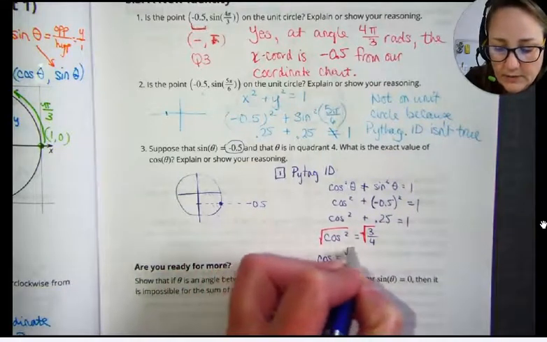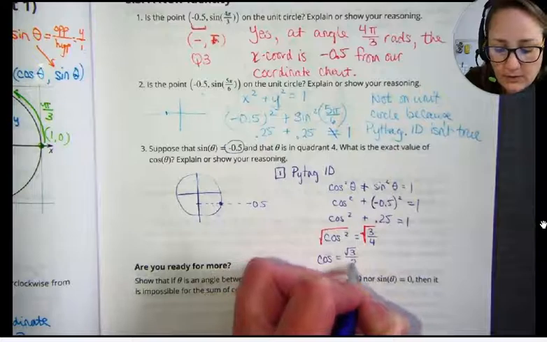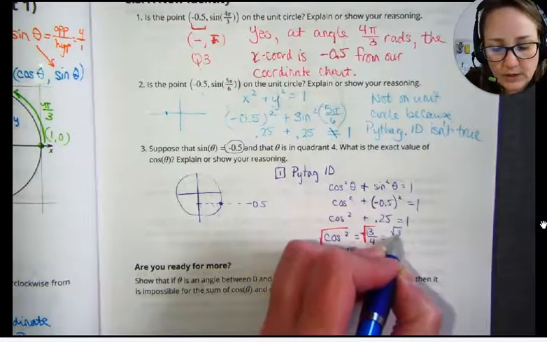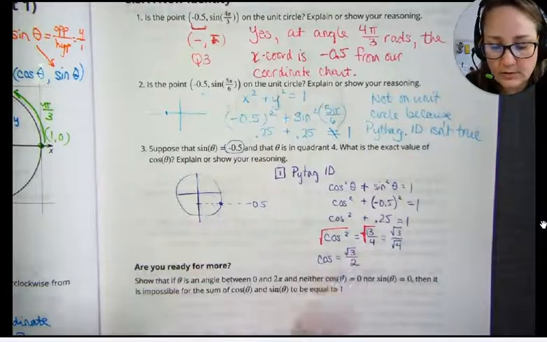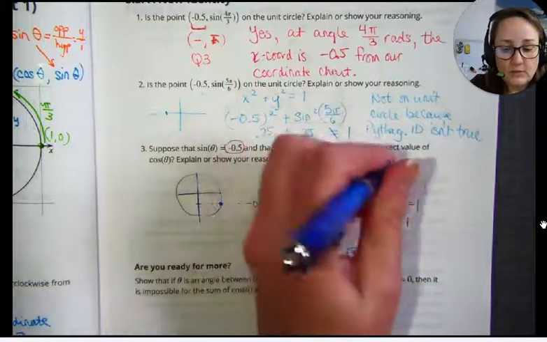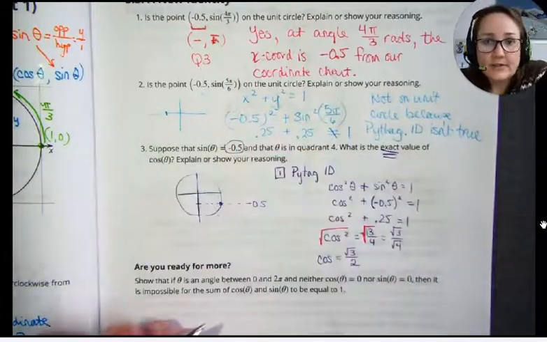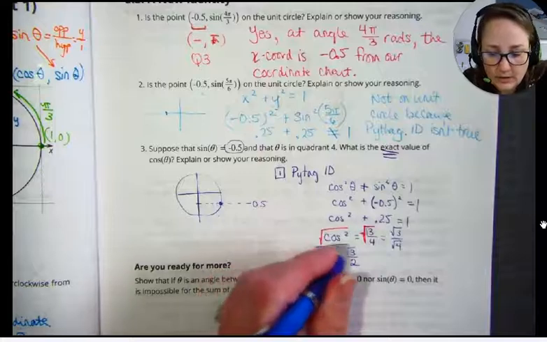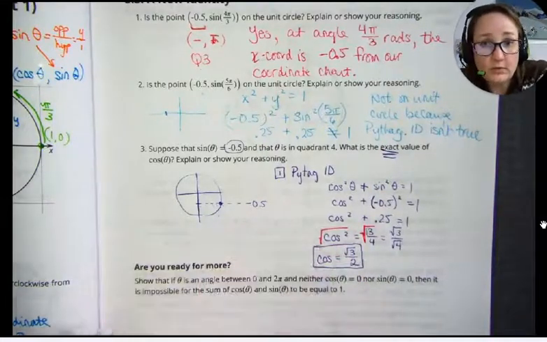Cosine would have to be square root 3 over 2. Remember, it's square rooting the top and square rooting the bottom. Square root 3 over square root 4. So the exact value, it's asking for exact, not our decimal approximation, would have to be root 3 over 2.